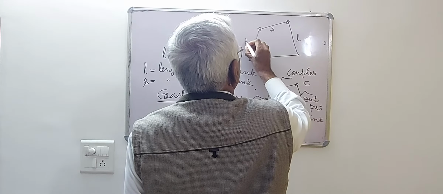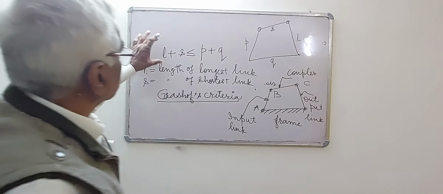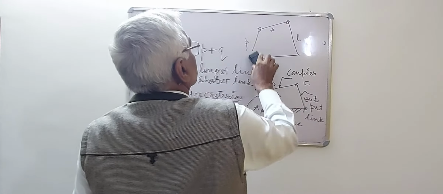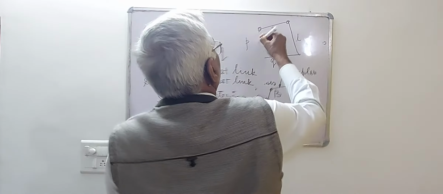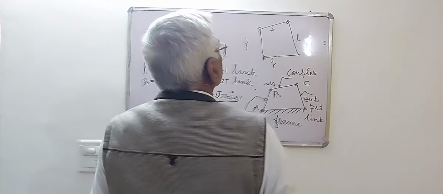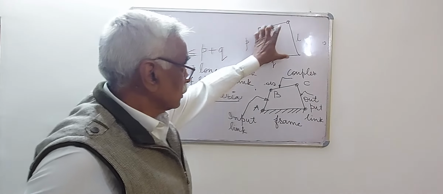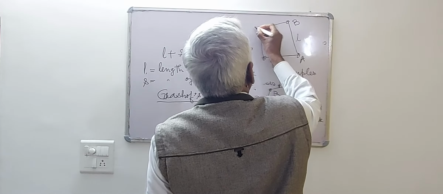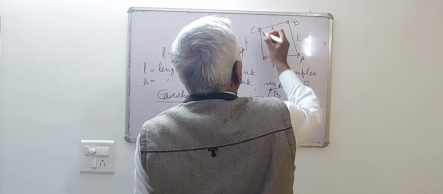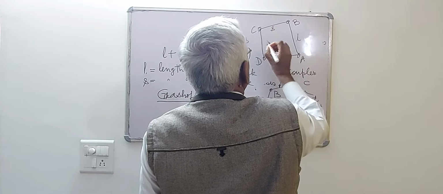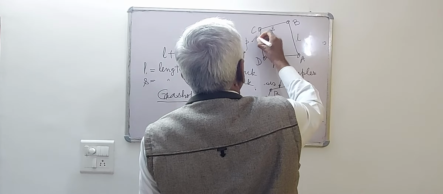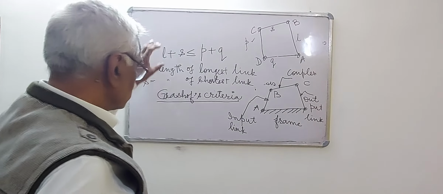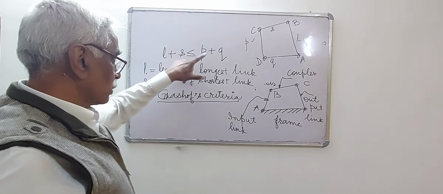Then this is P and this is Q. Or it can be like this: AB is the longest link, BC is the shortest link, CD is another link of dimension P, and the remaining link AD is of length Q. The condition is satisfied such that L plus S is less than or equal to P plus Q.